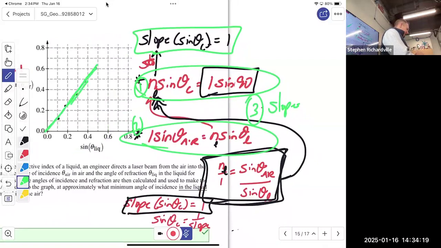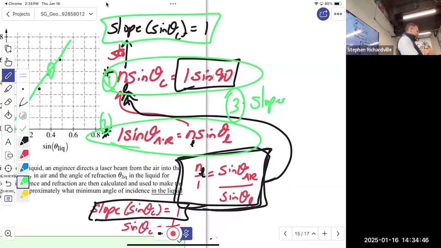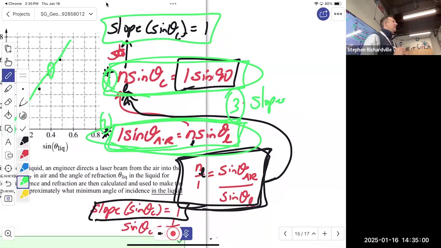So now I just have to calculate a slope that I think makes sense. What's a good point? Maybe this one even. I would probably pick those: 0.4 over 0.5. So follow me again. I just came up with a couple of equations. I know that 1 sine theta air equals n liquid sine theta liquid. I also know that eventually I have to solve n sine theta critical is 1 sine 90.